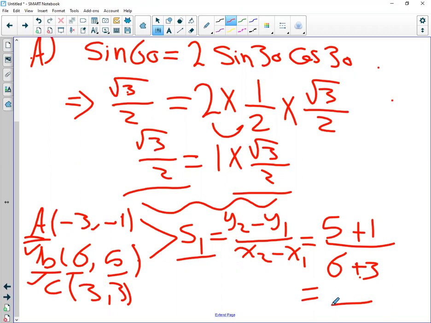So the result is 5 plus 1 equals 6, and 6 plus 3 equals 9. Then the result is 2/3. This is the first slope.